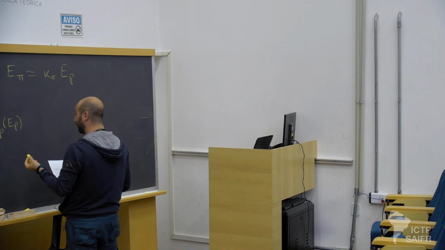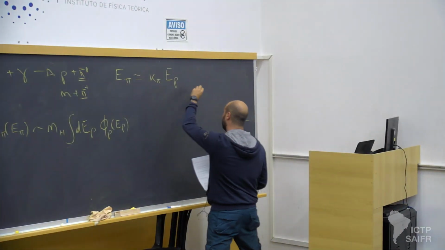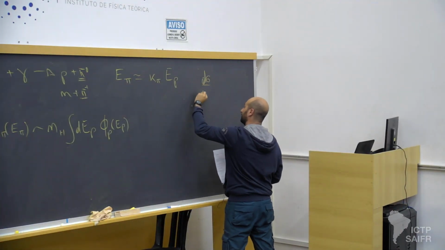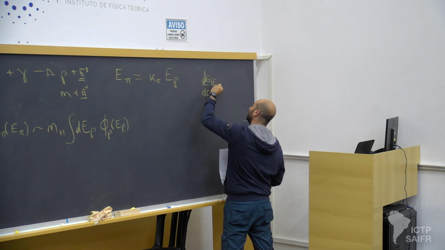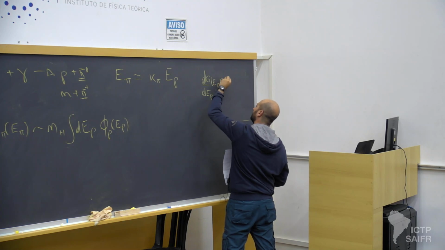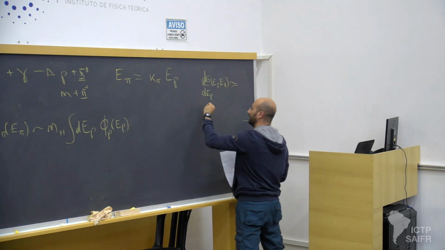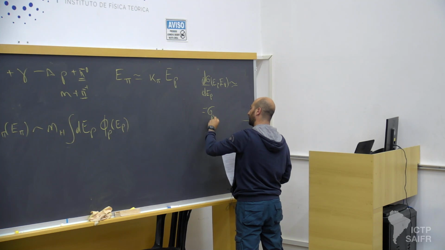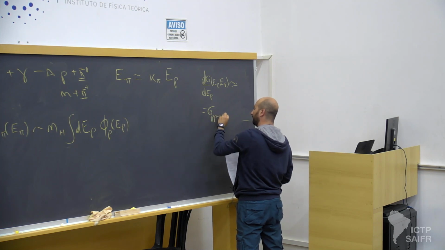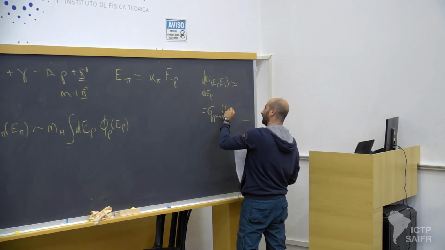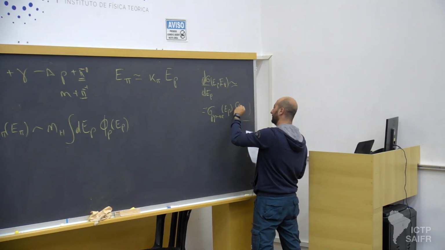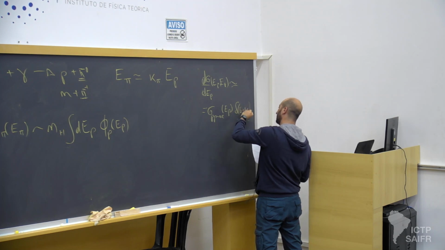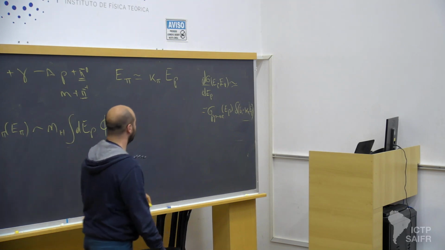Okay? This differential cross-section, d sigma over d E pion, under this approximation I'm writing approximately as the total cross-section for PP to produce some pion as a function of energy of the proton, times a delta. Delta of what? Of the energy of the pion minus the inelasticity times the energy of the proton.